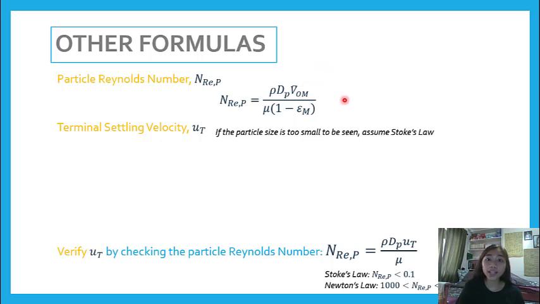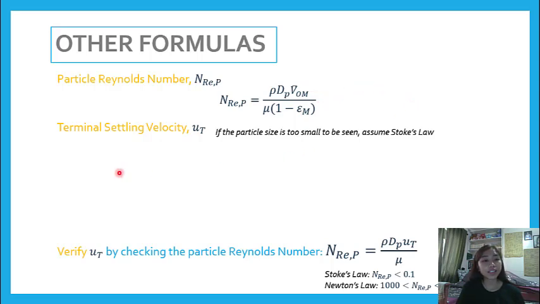But if the velocity of our particle is given, we can use the original Reynolds number equation, rho dv over mu. Okay? But this one has a 1 minus e in the denominator if the minimum fluidizing velocity is what is given or what we have.